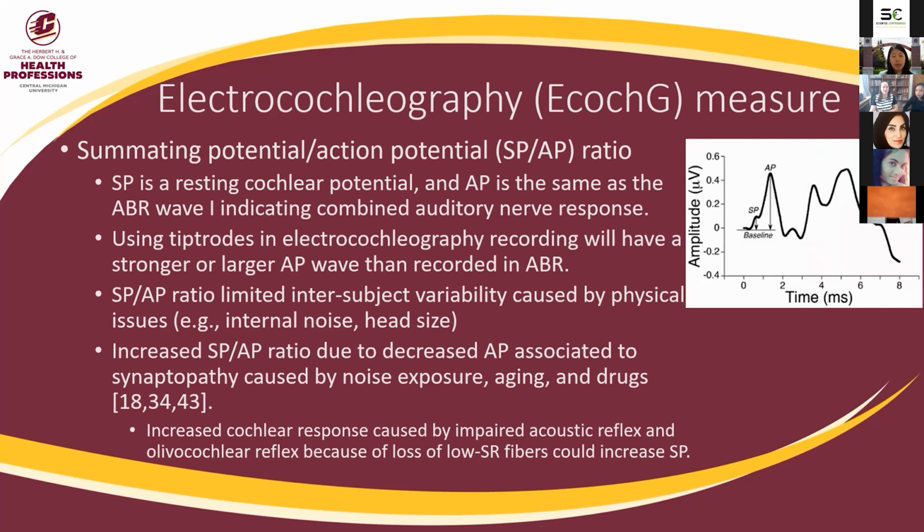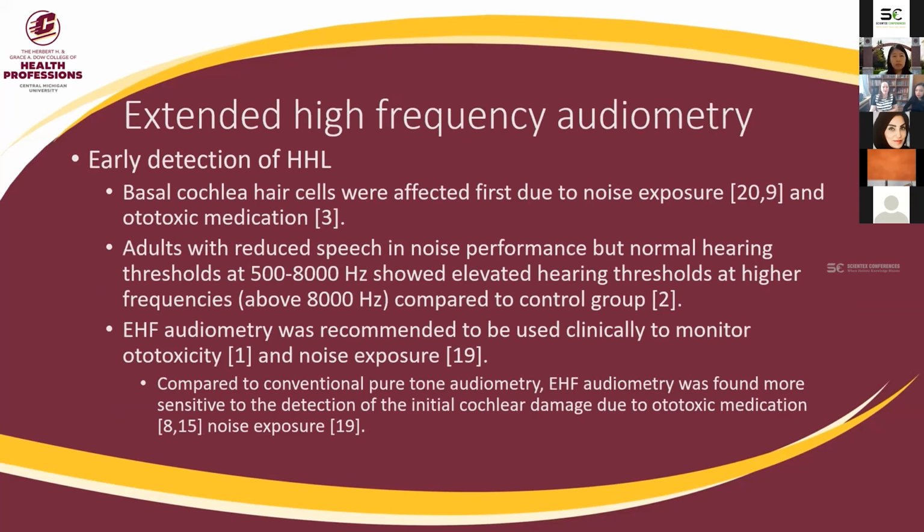But keep in mind, the SP is one of the cochlear potentials. So electrophysiology measures can help identify lesions, but also have some drawbacks. In addition, it takes a relatively long assessment time.